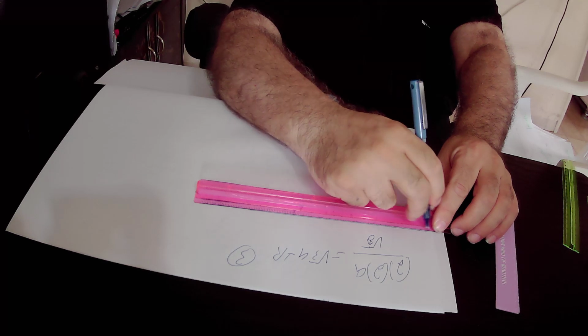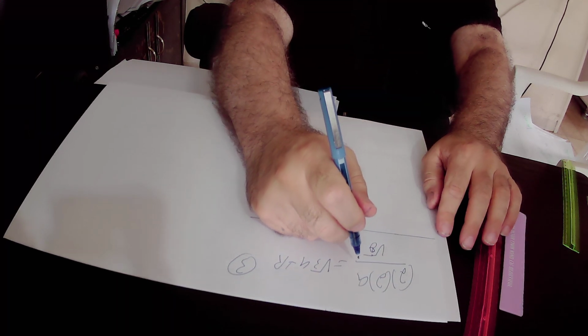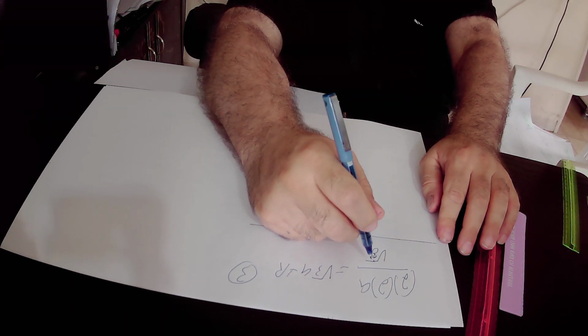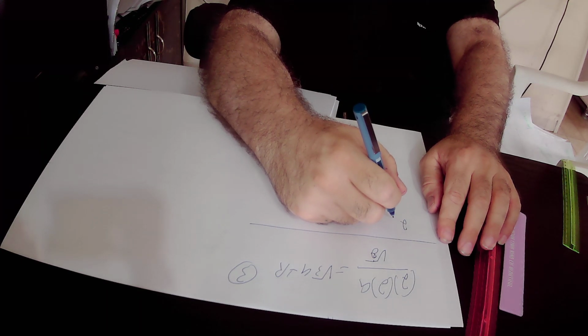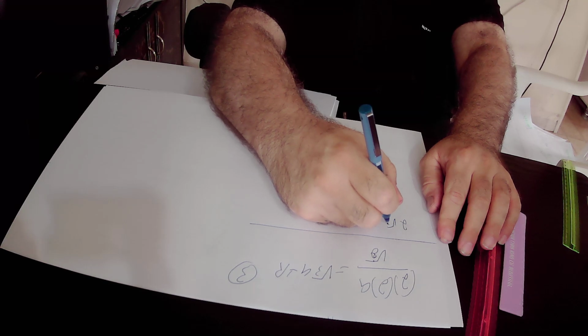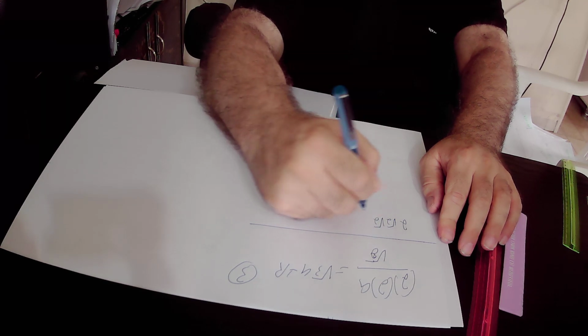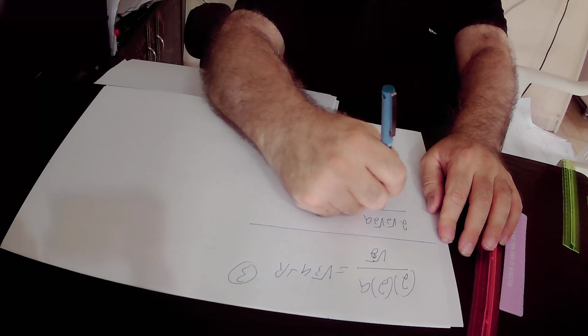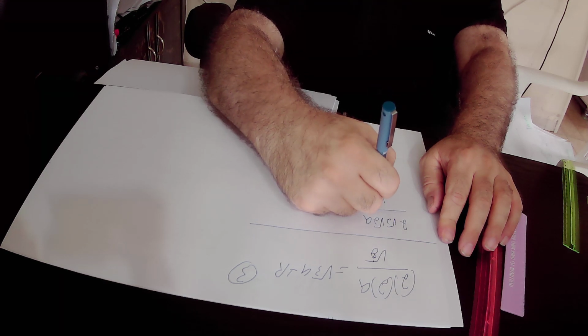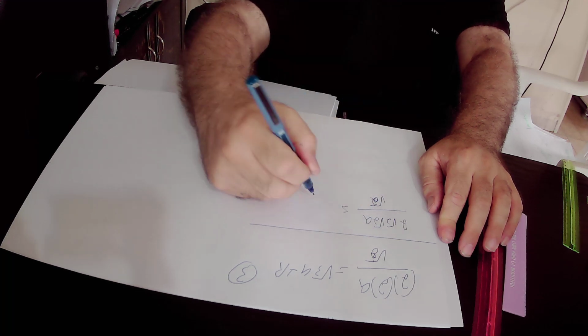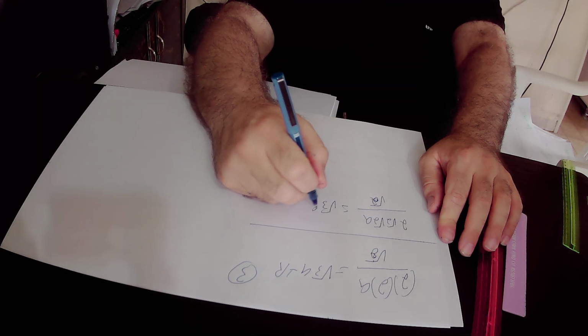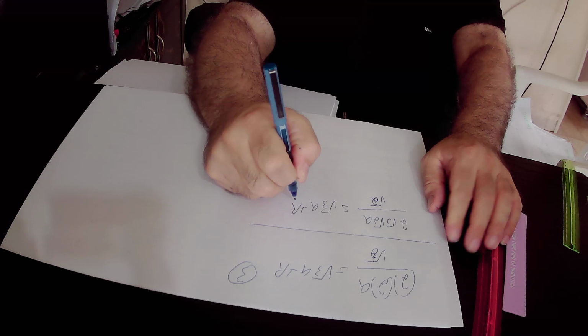Here we substitute one of the 2's by square root of 2 times square root of 2, times a over square root of 2. It is equal to square root of 3 times (a plus r).